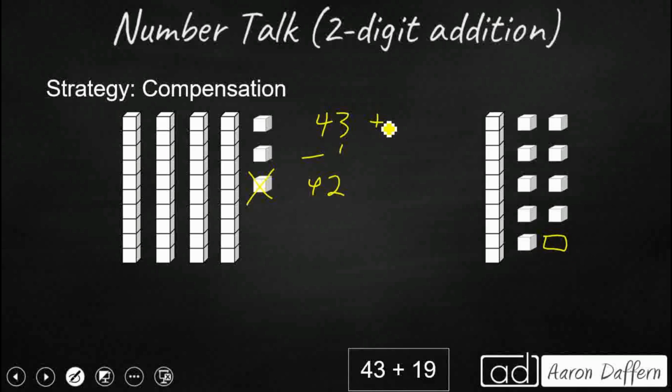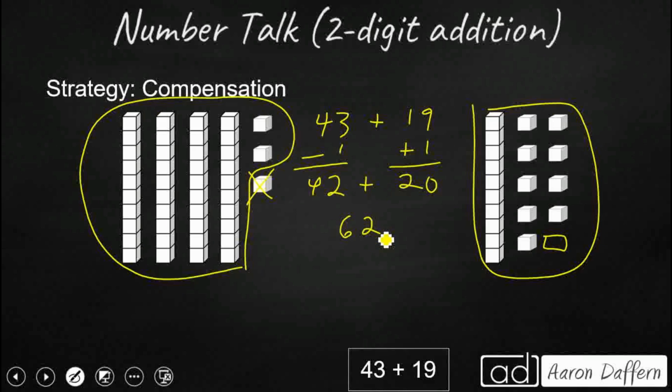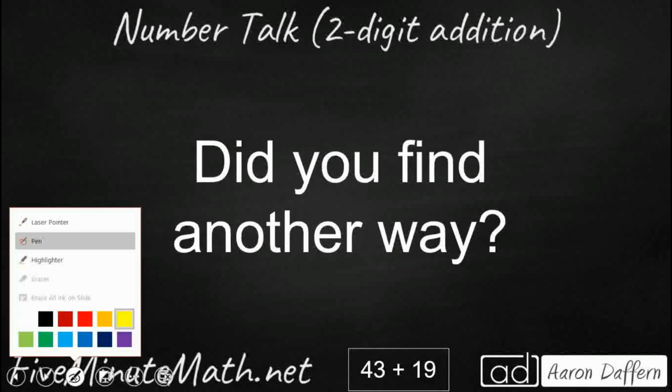And I'm going to take my 19, I'm going to add that 1 back to it, so that's going to be 20. So I actually change my problem. Now I've got 42, and now I've got 20, but 42 plus 20 is really easy to add. That's 62. So those are all the ways that I could think of.